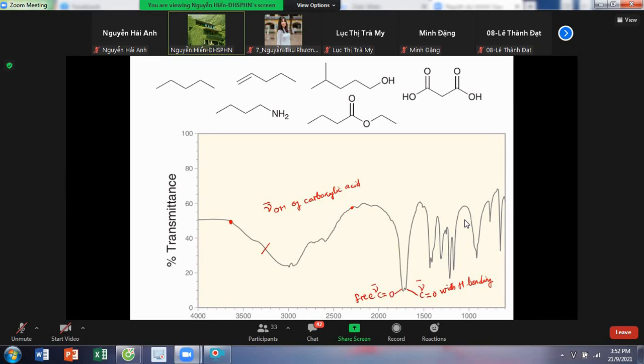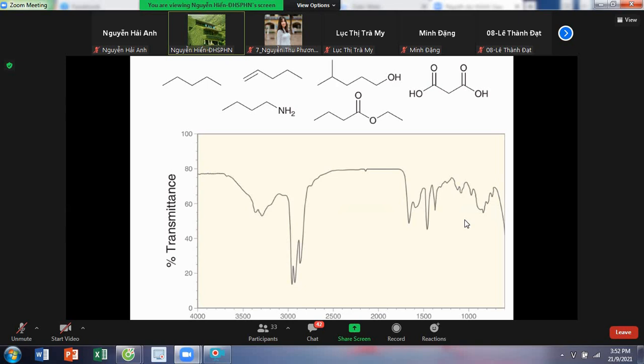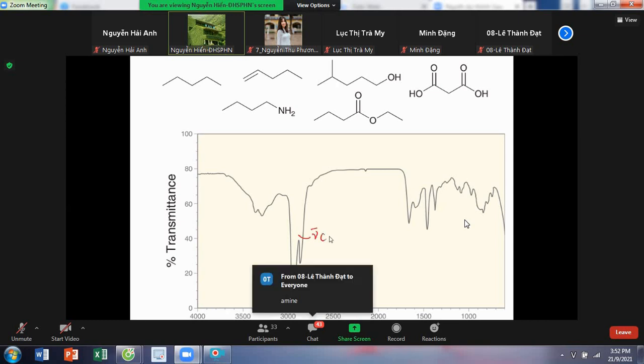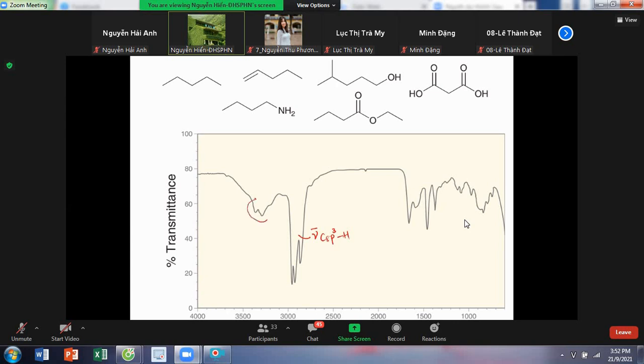Okay. Yeah. What is this? Amines, and more concretely, it is a primary amine, because you see two peaks, two spikes, corresponding to the absorption of primary amine with asymmetric and symmetric vibration.